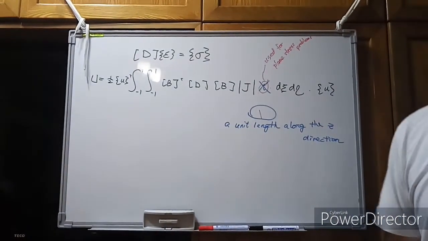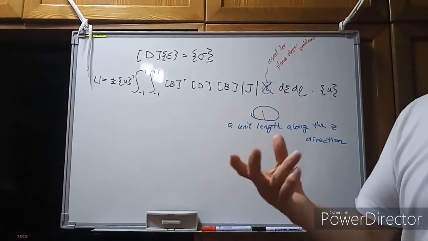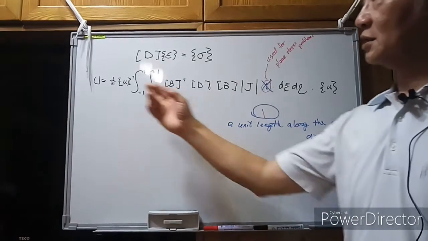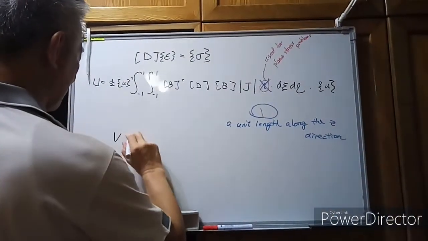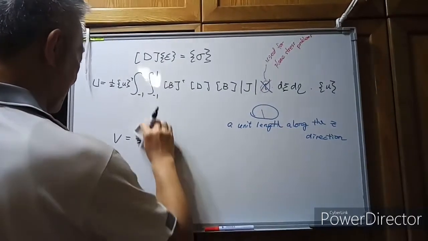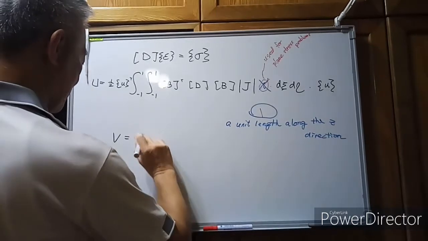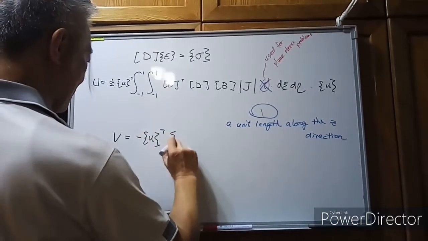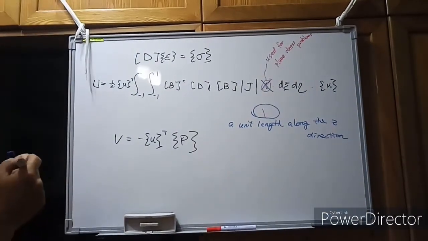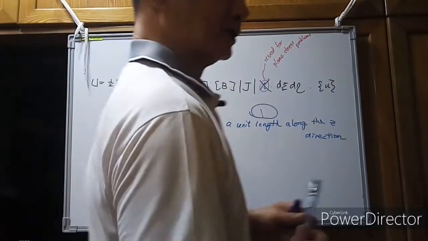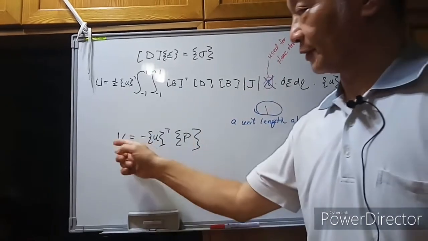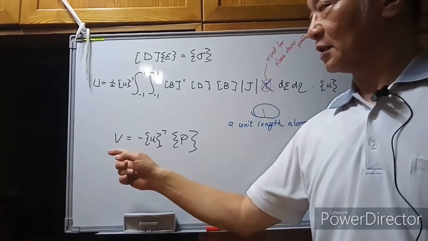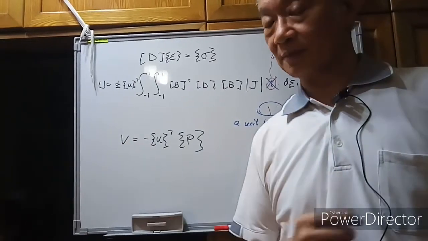Okay, so although you can choose 2 or 3, no matter which one you choose, when you calculate the strain energy, if you choose a unit length, then when you calculate the V, the potential energy due to the applied loading, you also need to choose a unit length.